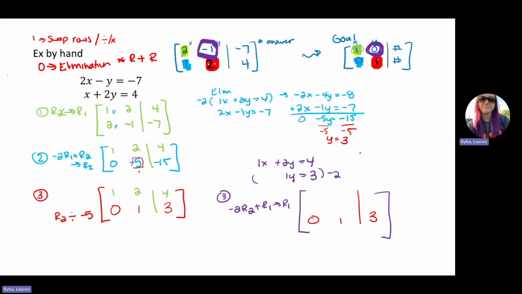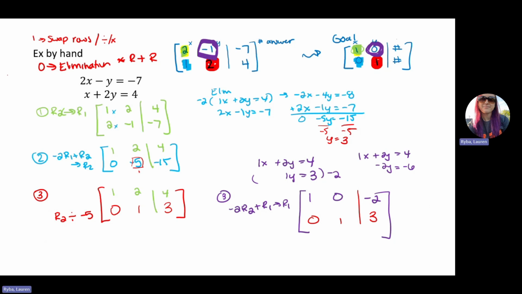Okay, so if I did the math out here, 1x plus 2y equals 4, -2y equals -6. So 1 plus nothing is still 1. 2 minus 2 is 0. 4 minus 6 is -2.